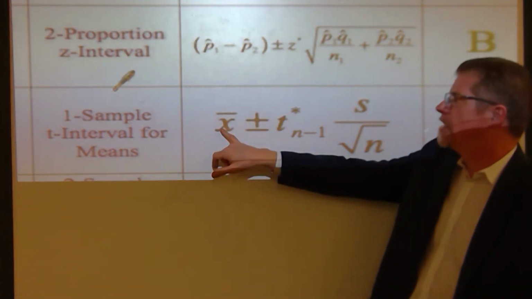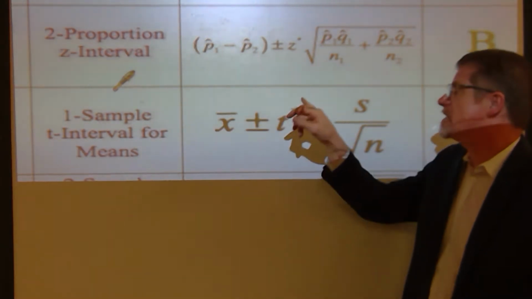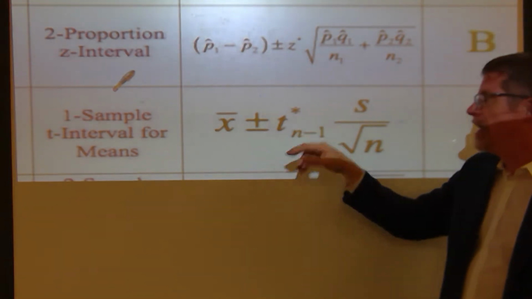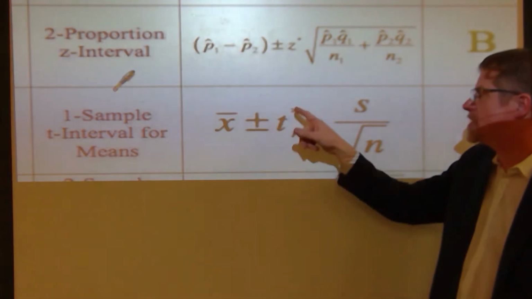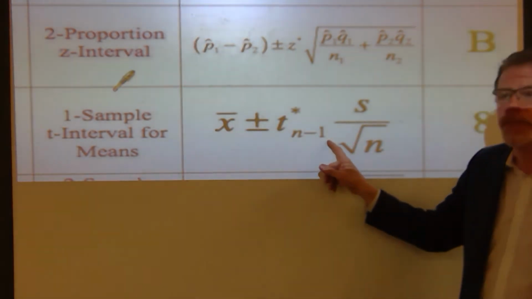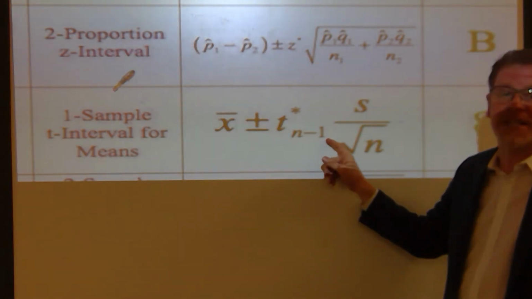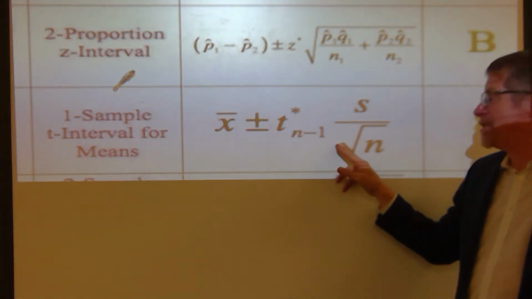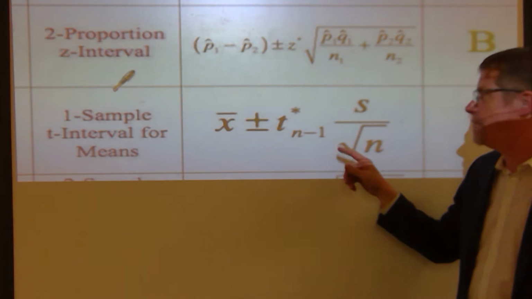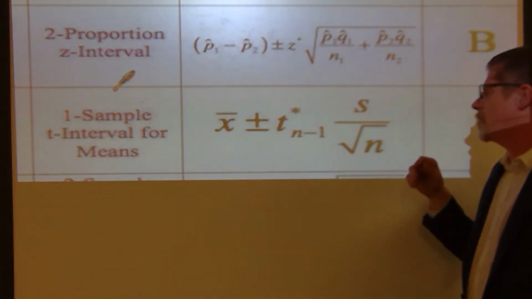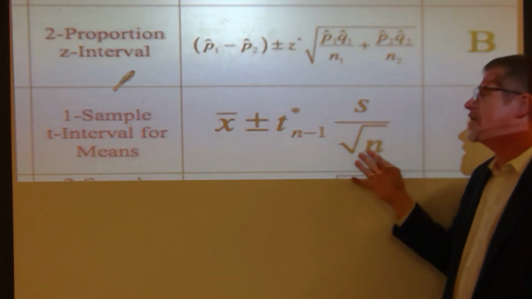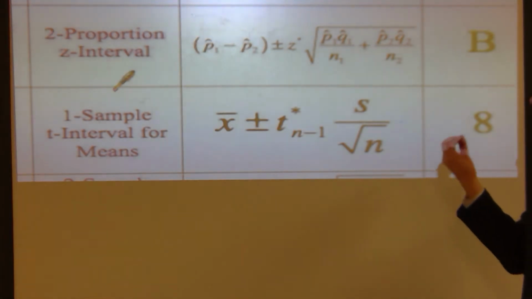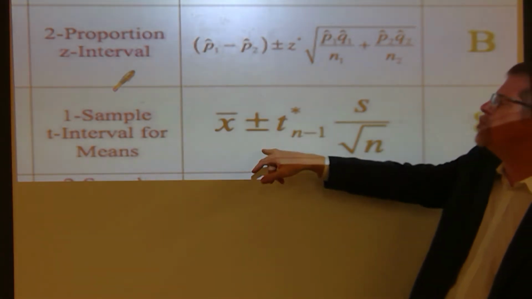So instead of P hat plus or minus Z star, it's X bar plus or minus T star sub n minus 1, where the number of degrees of freedom is, you already know it, n minus 1, times S over the square root of n. This is standard deviation. So it has the same structure as a P trap. This is a mu trap.